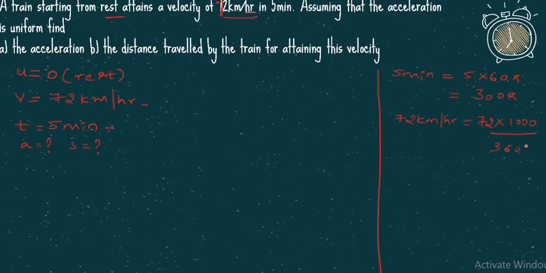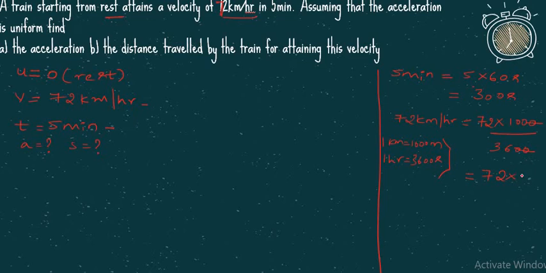It is 3600 seconds. I will write here 1 kilometer is 1000 meters and 1 hour is 3600 seconds.